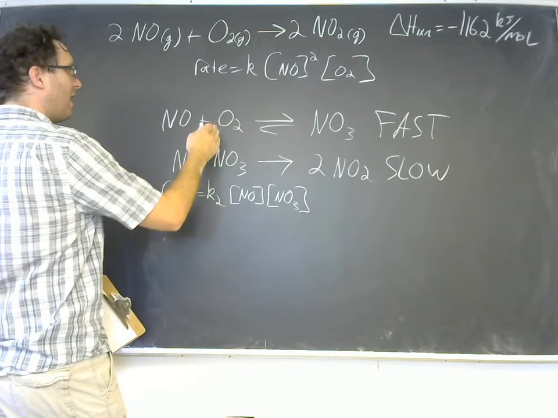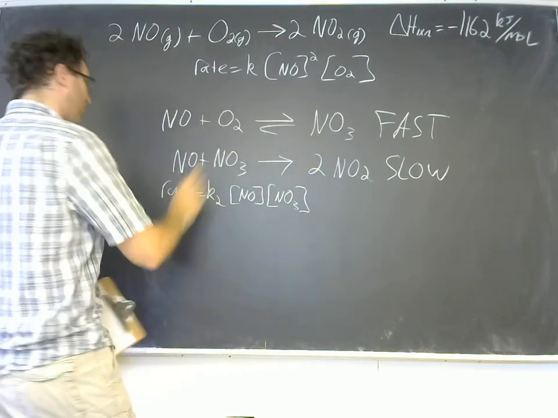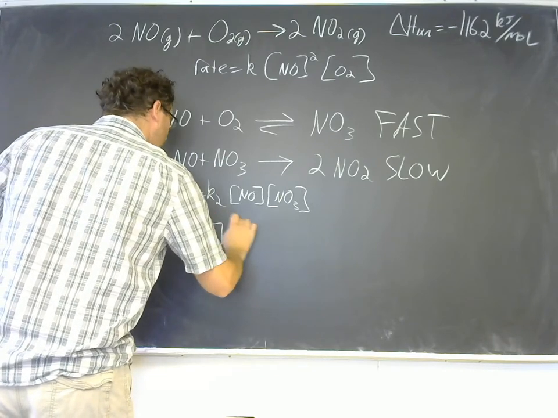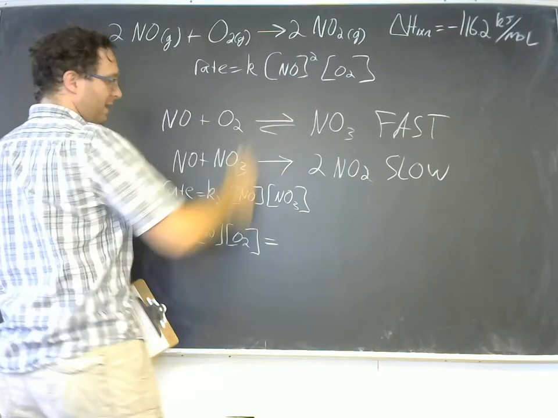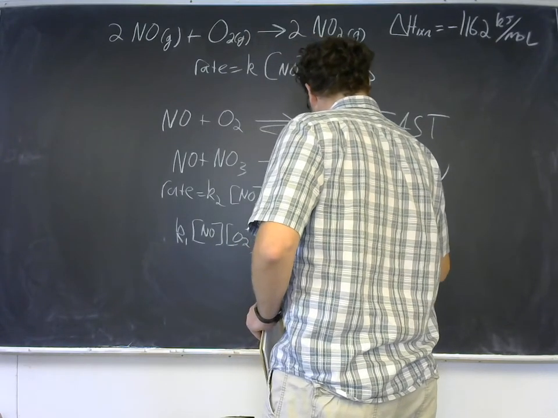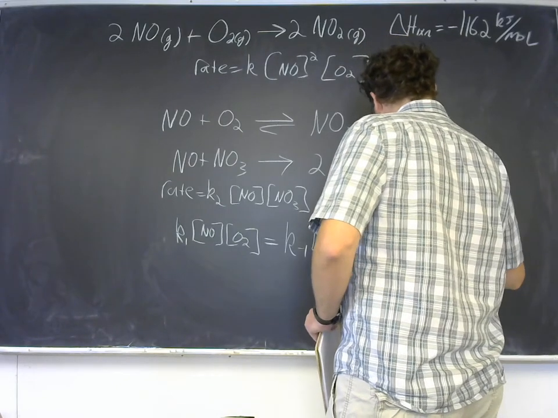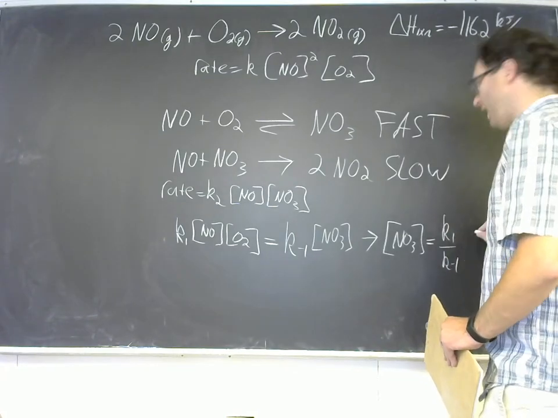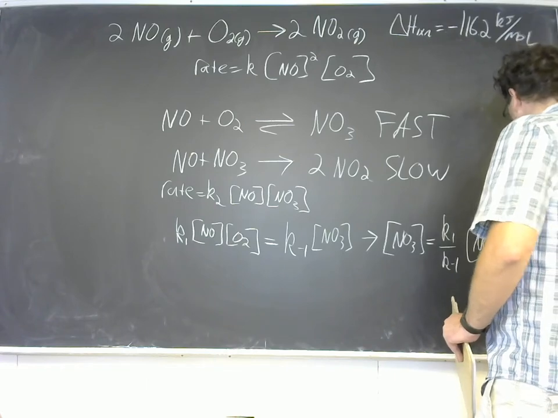So I know that the forward rate of this first step will be equal to the reverse rate, and the forward rate is k1 times the concentration of NO times the concentration of O2. That's equal to the reverse rate, which is k negative 1 times the concentration of NO3. And we can rearrange this to get an NO3 concentration equal to k1 over k negative 1 times NO times O2.